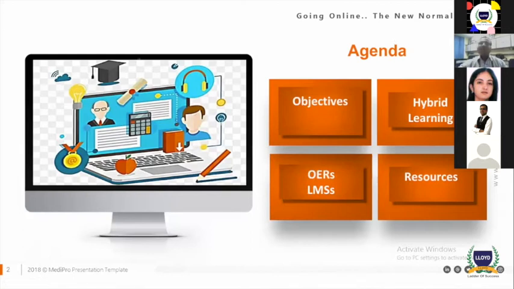Then we'll talk about a new revolution that has come into the picture, that is open educational resources and learning management systems. And at the end, I'll share some resources which are specifically useful for conducting practicals in pharmacology and related subjects. So this is what I want to share with you in the next 1 hour.